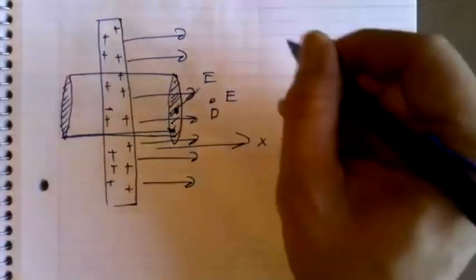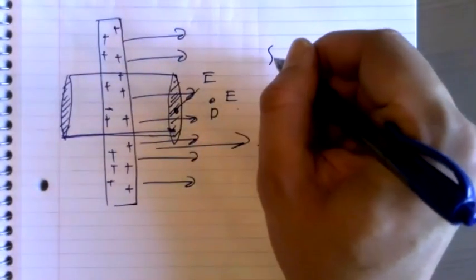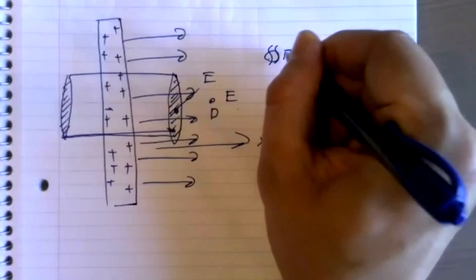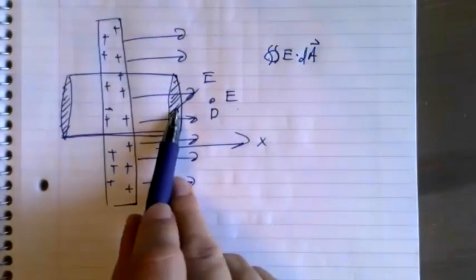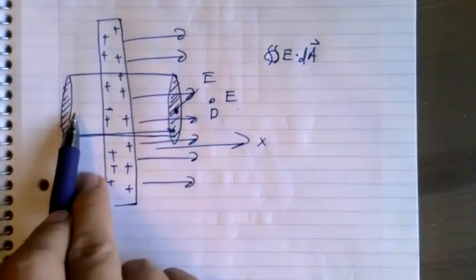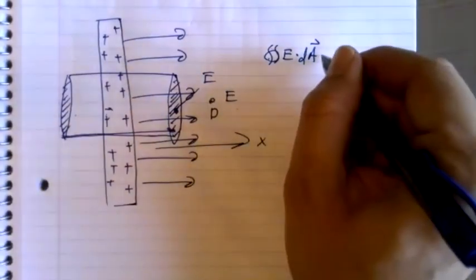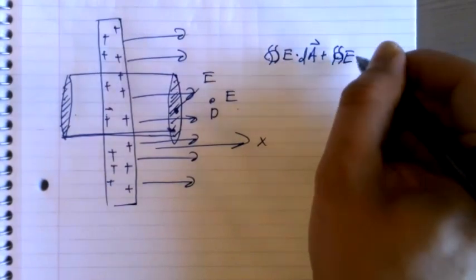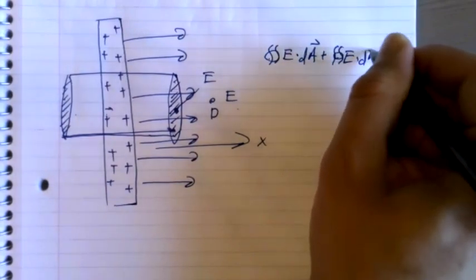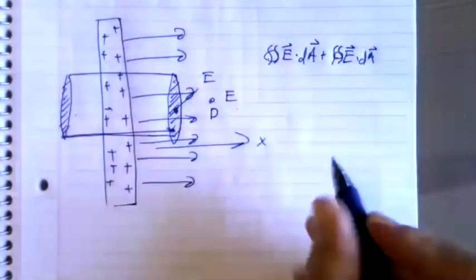Okay, so for our closed surface then, we're going to write E dot dA. We've got one surface over here, and we've got another surface over here. So we're going to have to do this for both edges of our cylinder. We're going to have E dot dA for both the front and the back of the cylinder.